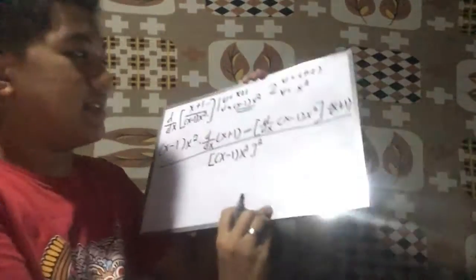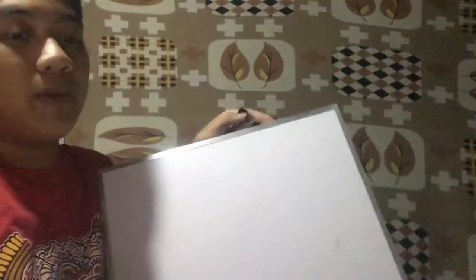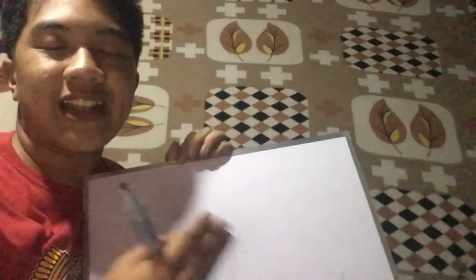Okay, so that will be our base form. Next, on the other side of the board, we are going to distribute the product rule. This will be quite a little confusing, so you can just rewind this video so you can understand it more.